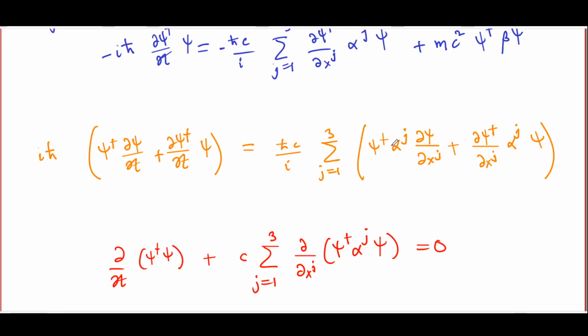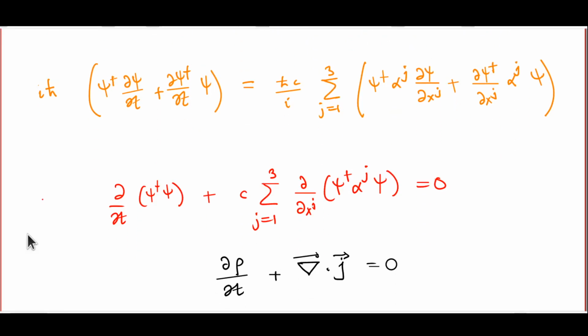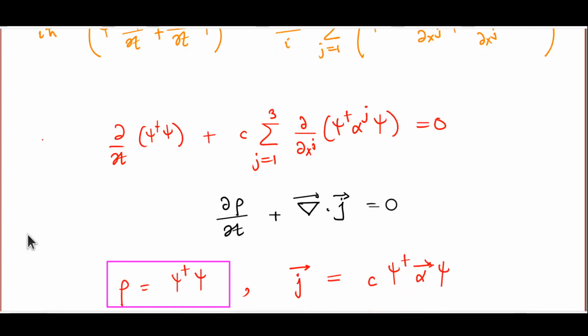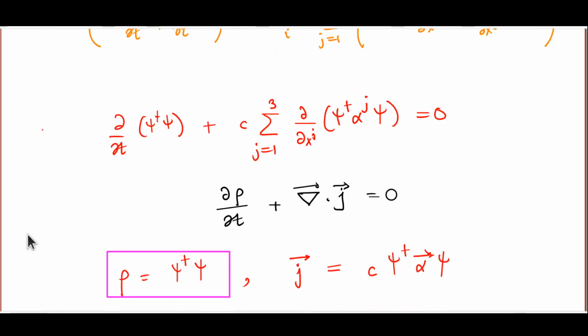Remember, psi dagger alpha 1 psi, etc., are all numbers. So we have 3 numbers sitting together, and that of course is what we would call a vector. This then takes the form of del rho del t plus divergence of j equals 0. Here rho happens to be psi dagger psi and j happens to be a vector which in vectorial notation can be written down as c psi dagger alpha vector psi.